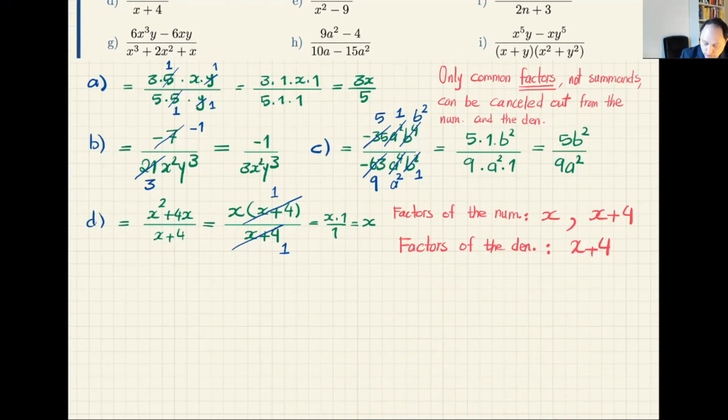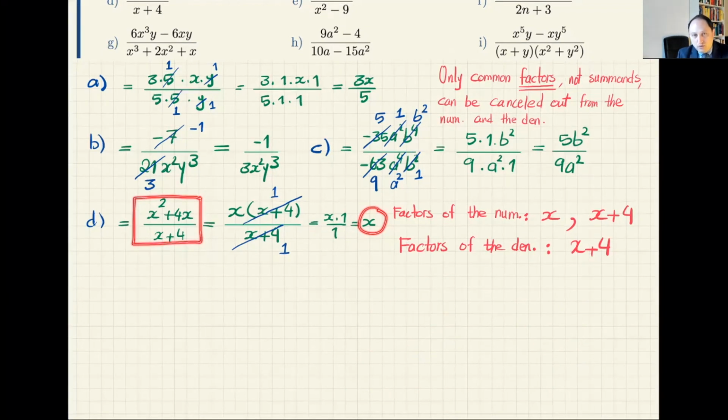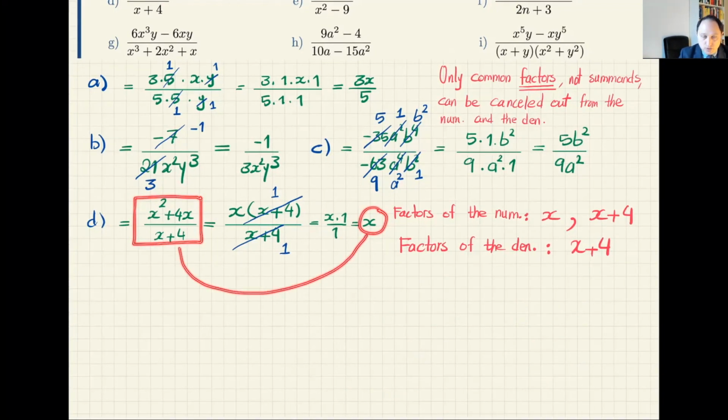And one technical question again, do you agree that this expression is always equal to this expression? Yes or no? No? Unless x is minus 4. Exactly. So even though you don't explain it at all in the exam, I want you to understand that if someone tells you that this expression is always equal to this, you would say that, okay, 99.999% yes, only one case, no, and that's when x is equal to minus 4.